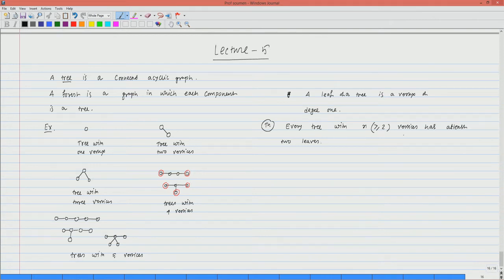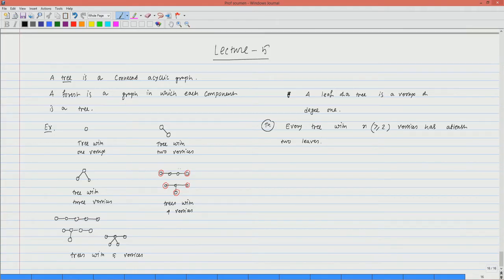Okay, so that sort of you can observe that this is correct, that every tree with at least 2 vertices has at least 2 leaf nodes.